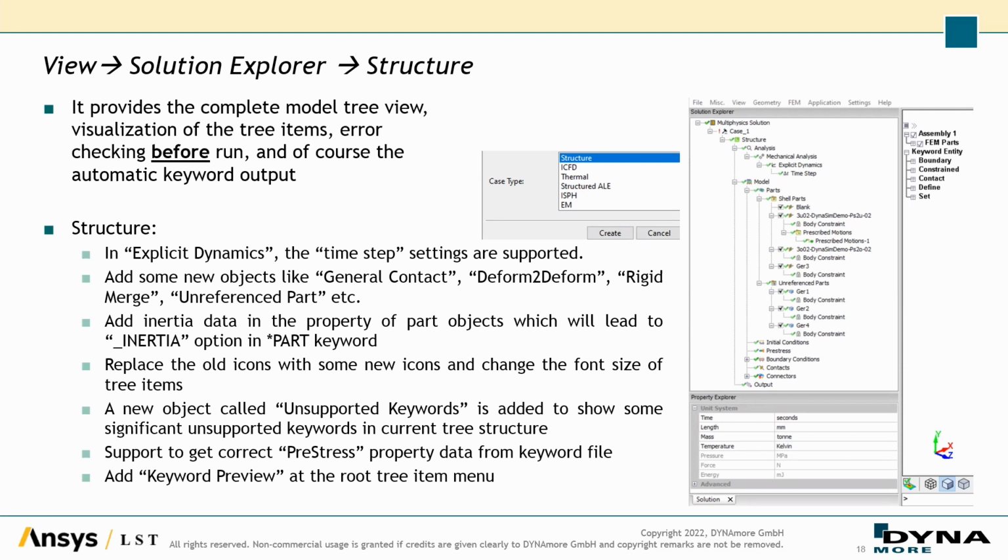They replaced the old icons with new icons and changed the font size of the tree items. A new object called unsupported keywords is added to show some significant unsupported keywords in the current tree structure. They support getting correct pre-stress property data, and they added a keyword preview at the root tree item menu.